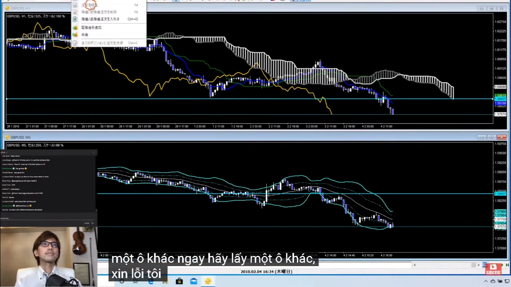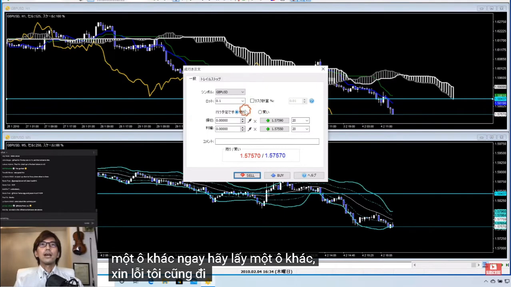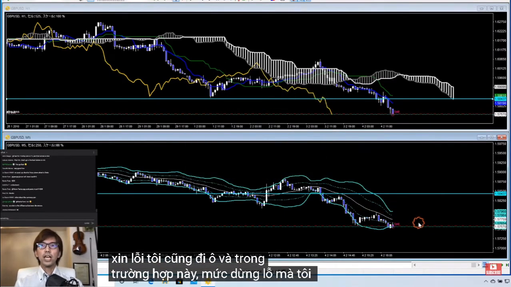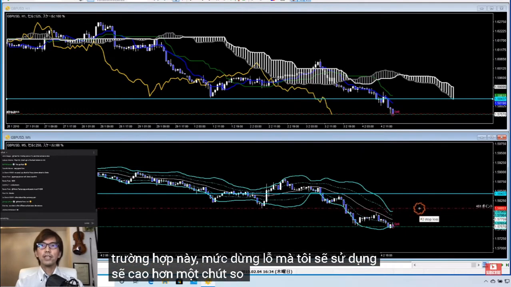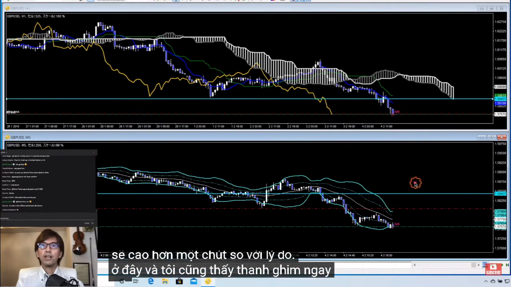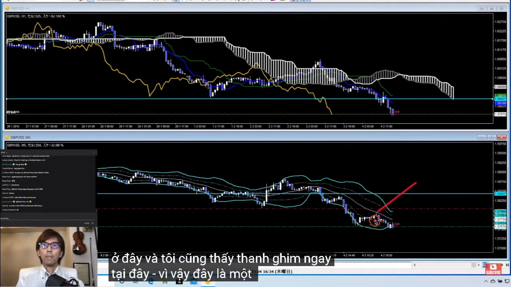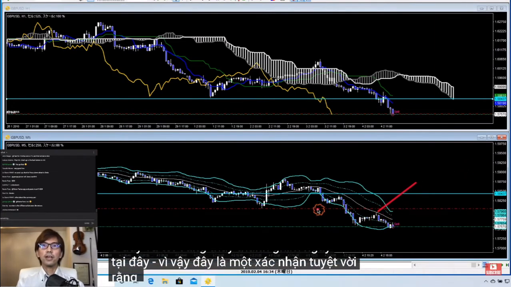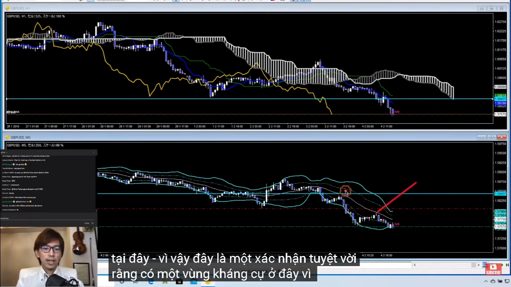I go for sell, and in this case, the stop loss I will be taking will be slightly above the recent high here. And also I see the pin bar right here too. So this is a great confirmation that there is a resistance area here.